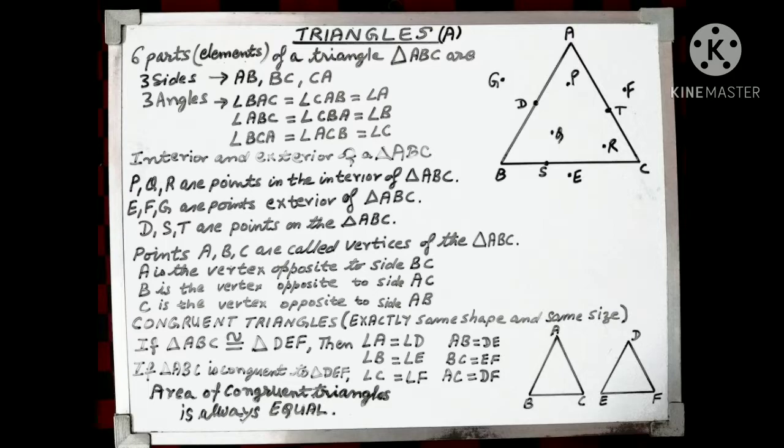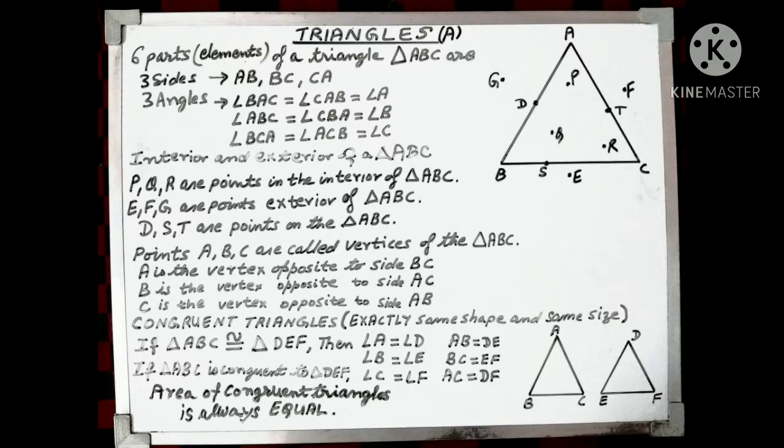We write: if triangle ABC is congruent to triangle DEF, then angle A equals angle D, angle B equals angle E, and angle C equals angle F. Also, side AB equals side DE, side BC equals side EF, side AC equals side DF. I hope you got it.